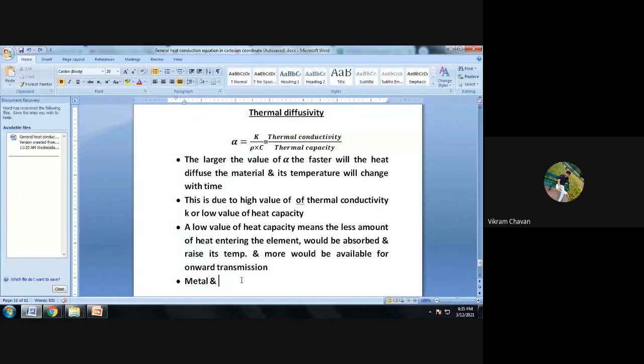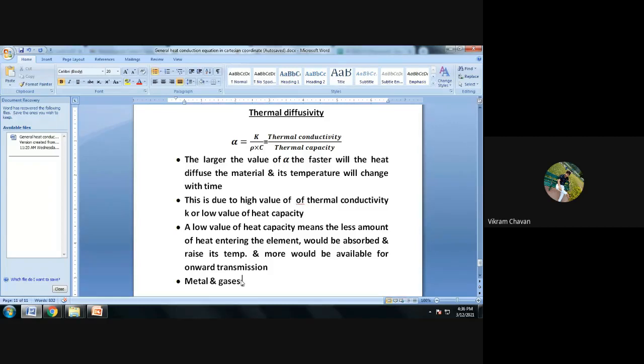Thermal diffusivity, alpha is equal to K by rho C, K divided by rho multiplied by C, equal to thermal conductivity divided by thermal capacity.